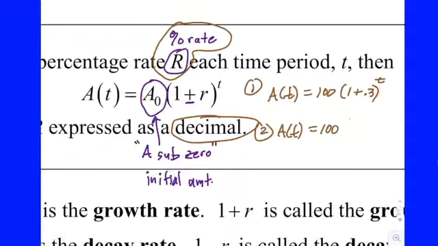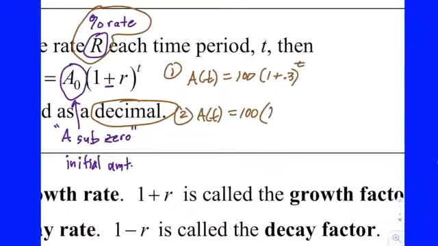Our initial value was 100, and now it was 1 minus 0.3, okay? So little r is the decimal version of big R, and that's why we use the same letter. And so this gives you a template then that you could use for any growth, any decay, as long as you know the percentage rate and or the initial amount, okay?